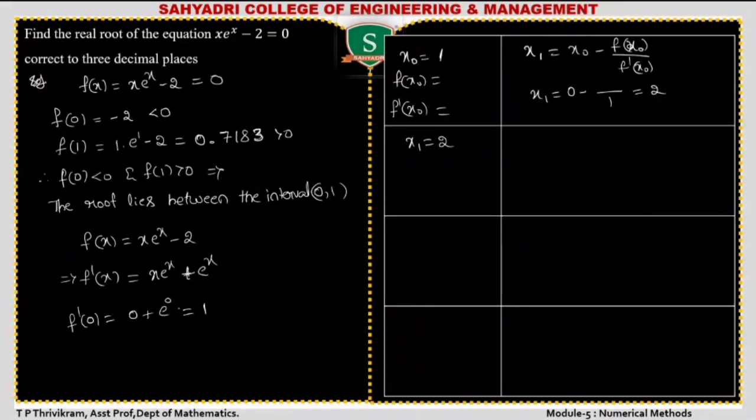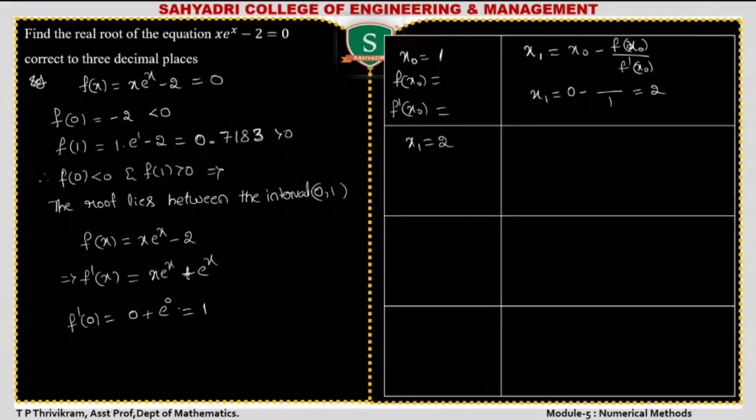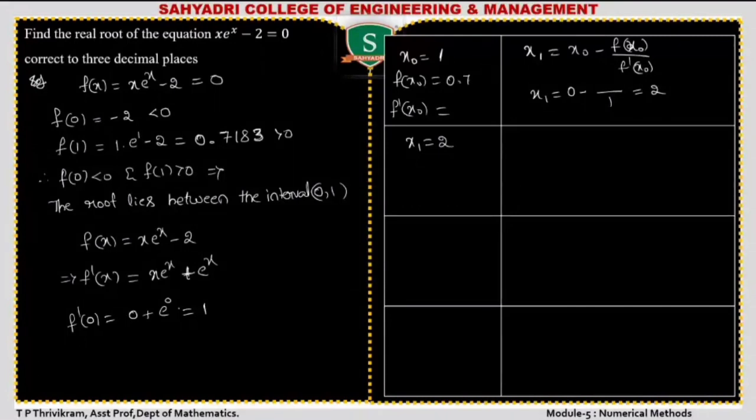Okay, x1. f of x1 is 0.7183. f dash of x1 is how much? 1 into e power 1 plus e power 1.